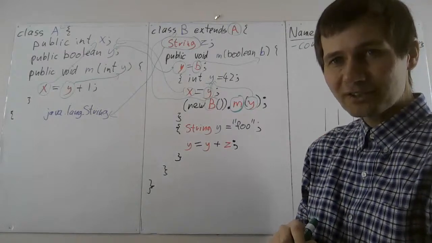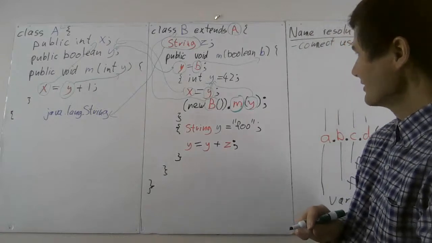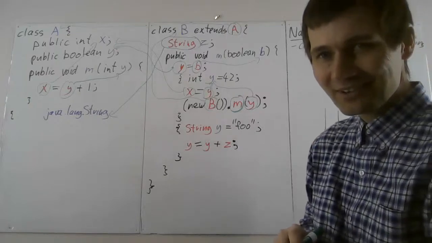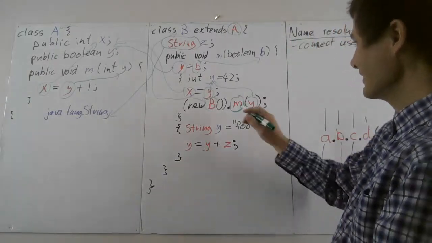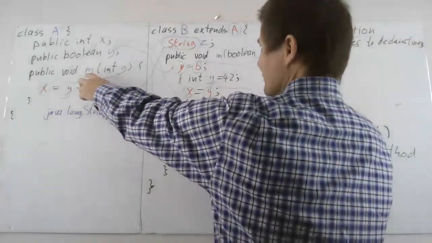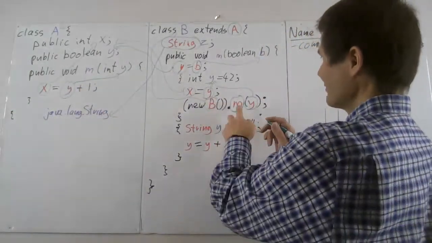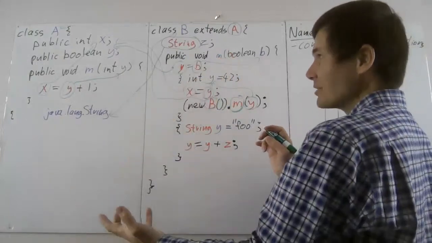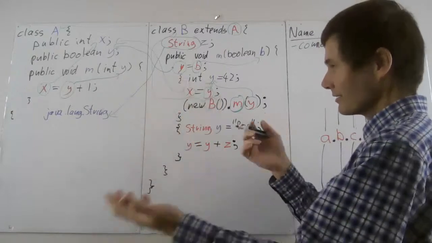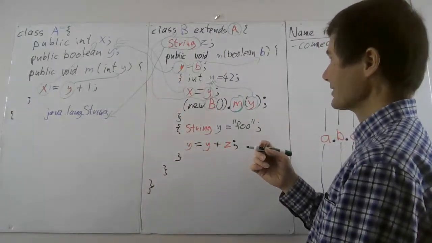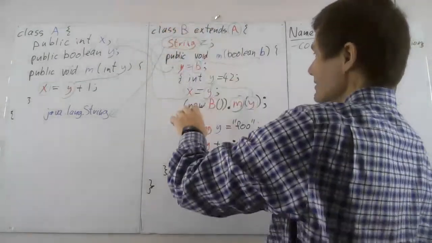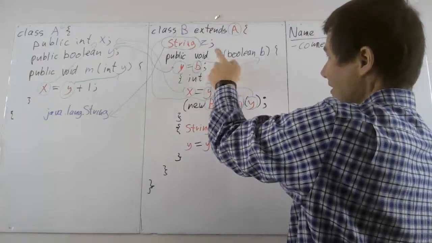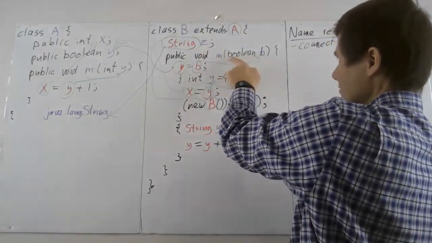Okay. So I've got no comments. So either everyone is puzzled or something. All right. So M is A.M. Okay. Yes. So M actually refers to this method M, even though the closest method M is over here, but in Java we have method overloading, like in many other languages, and the idea is that inside this class B, we can have multiple methods M that have the same name, but just have different signatures, different parameter types.